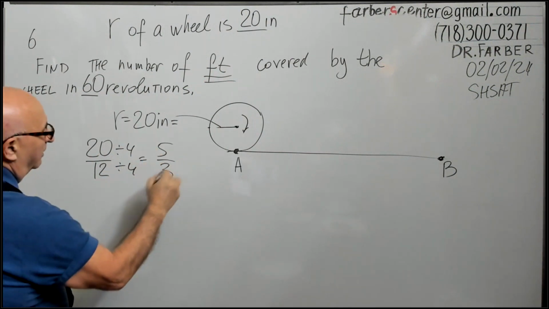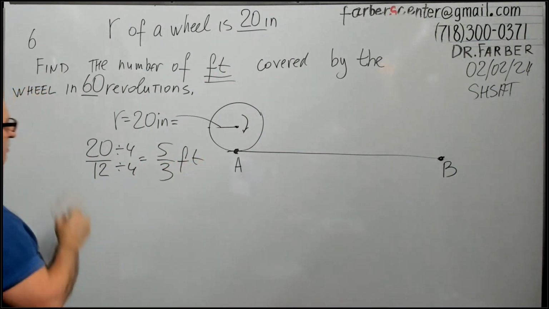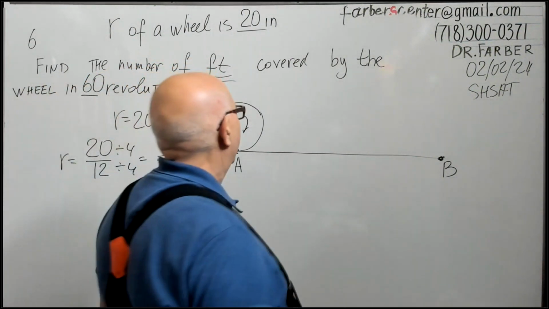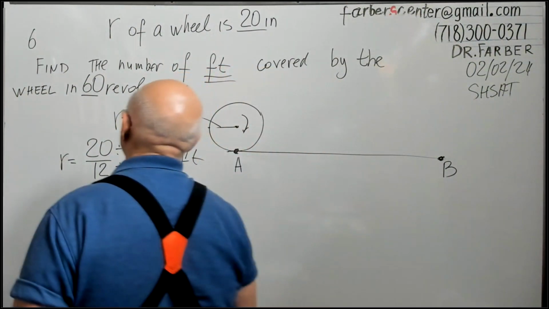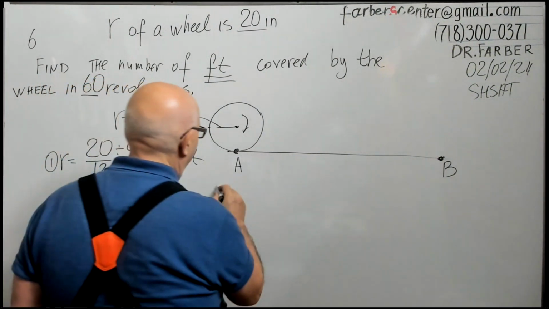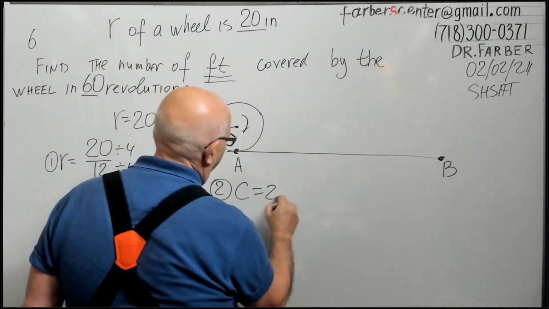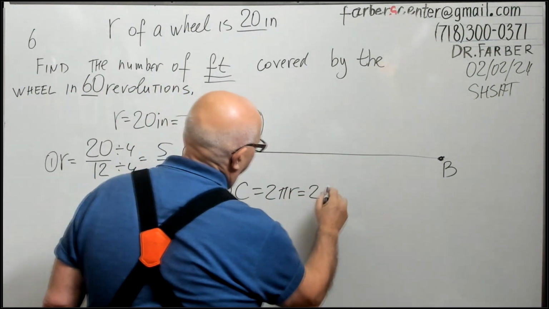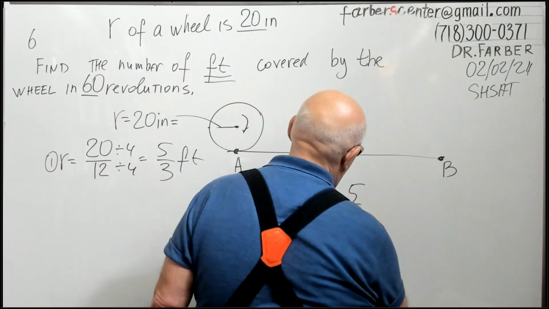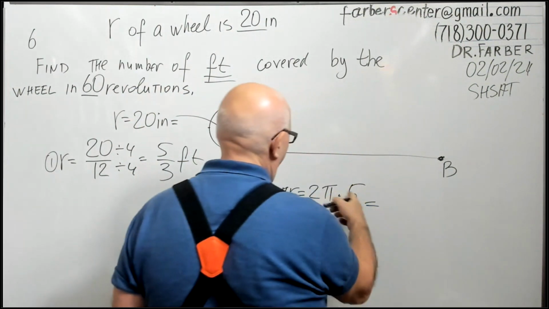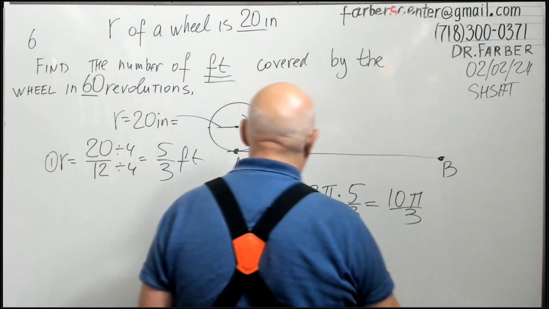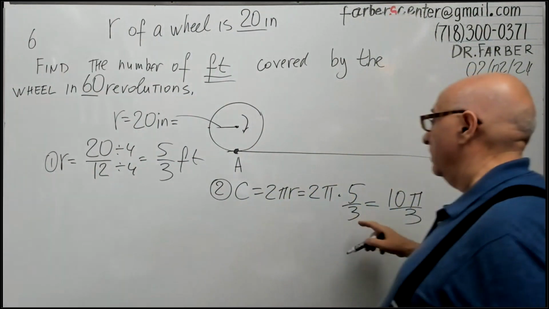I have 5 over 3 feet. So this is my radius. Converting this, this is my goal. Now, step number 1. Step number 2. Circumference equals 2 pi r. 2 pi, radius equals to 5 over 3. And you get 10 pi over 3. Unit of, since this is feet, this is feet.